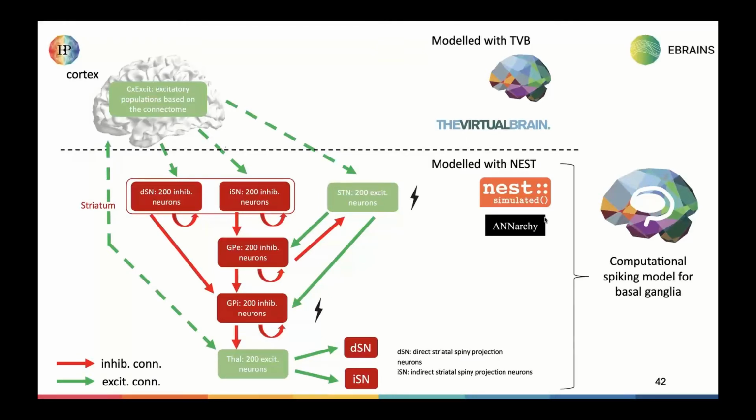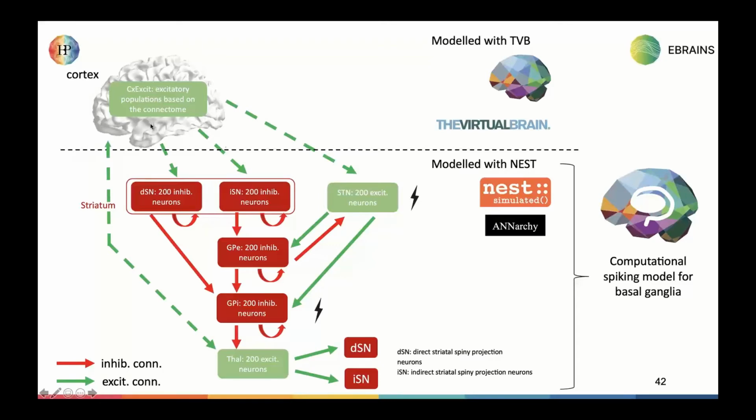So we build this with NEST or ANNarchy. So these are simulators that you have seen before. NEST, at least, ANNarchy is similar, where you can, in much more detail, go and give maybe even every neuron specific behavior and then stimulate it. And you can zoom in for this. And then still you can see the effects on the cortex, especially, for example, where you would be interested, the motor cortex.